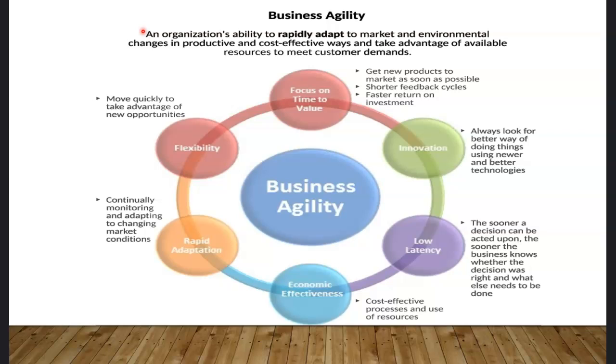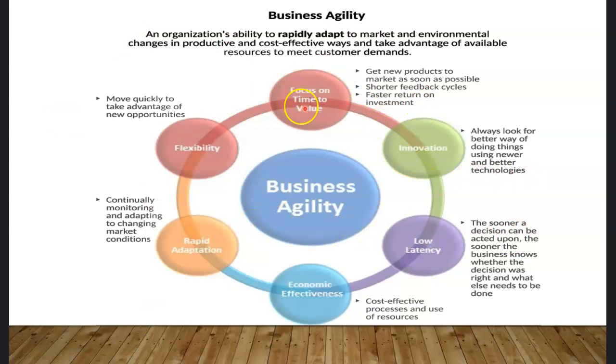Let's simplify that and say it's our ability to rapidly adapt to any kind of change, whether business or political, etc., to provide our customers the best possible product, and to do that in the most productive and cost-effective way.